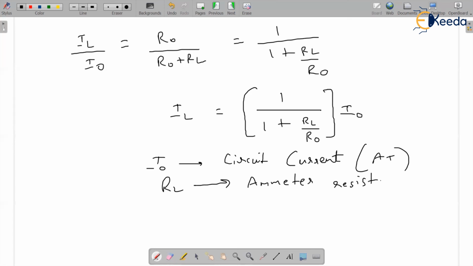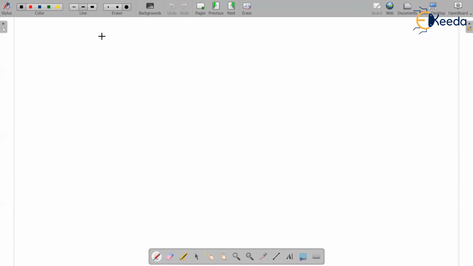IL is the indicated value, the measured value.